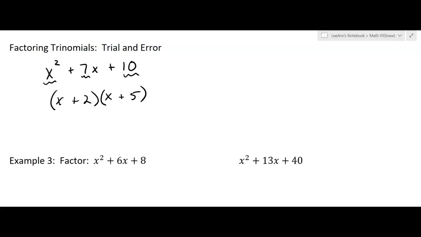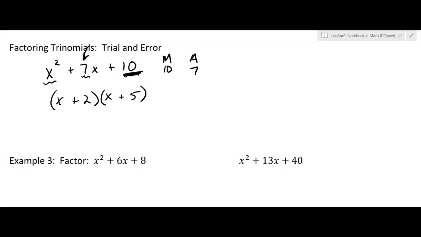Now, that's the answer. How did I get it? Well, I've been factoring many years, and I just knew that that was the answer, which is a little unfair, I guess. But I look at the 10. I want two numbers that multiply to be 10, the last number, and add to be 7, the middle number. Okay? All right, now, what if I'm not telling you the truth?